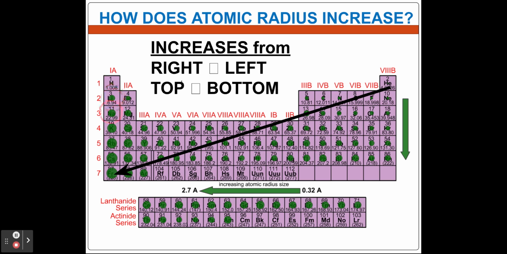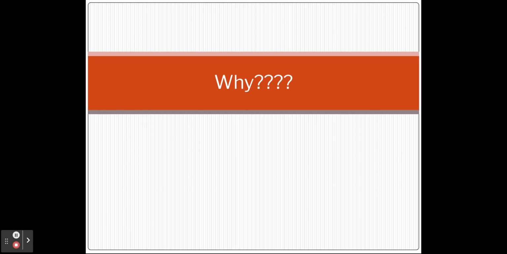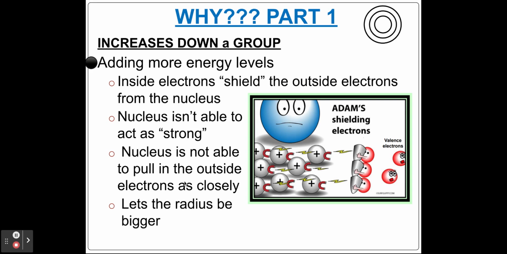And if you add a shell, that's like adding layers to an onion. The more layers you have, the bigger your onion. So the more energy levels you add, the bigger your atom. So you're adding more energy levels. So what happens when you add more energy levels?